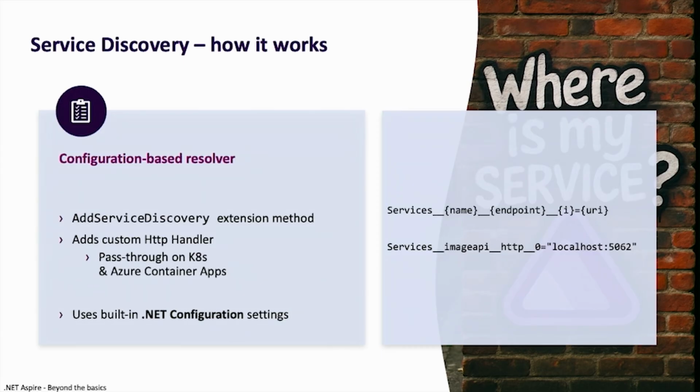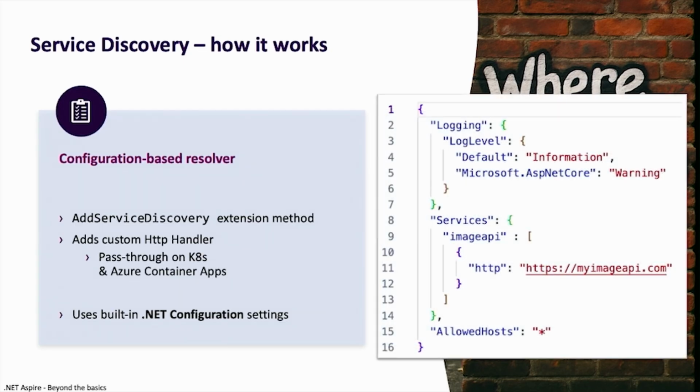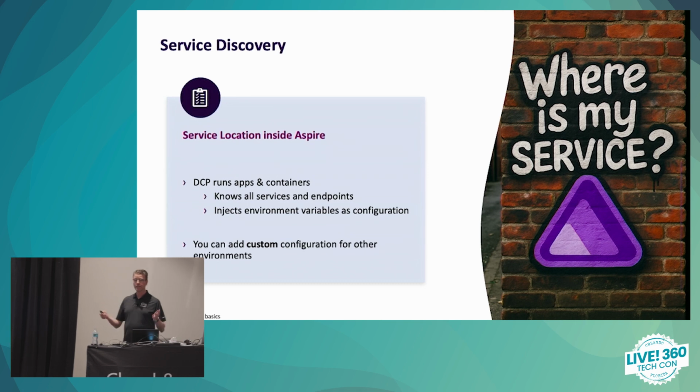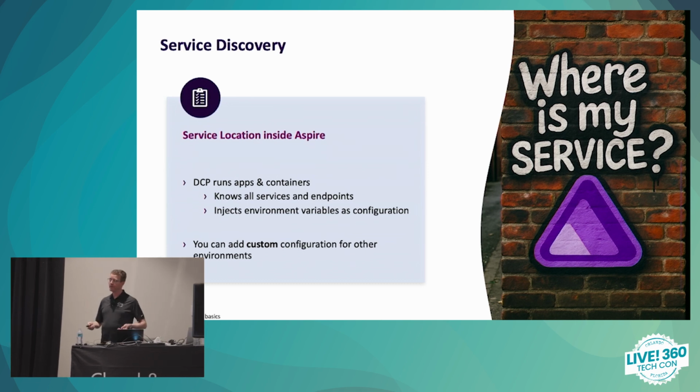So I can now say in my code I want to go to image API, and it will resolve to everything including the port number. So it really simplifies service discovery within your application. So the way it works, the DCP runs everything, so it knows where everything lives. So it can add configuration values to the stuff that it launches, indicating where they can be found.